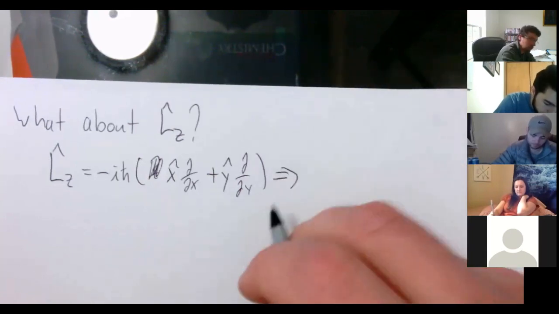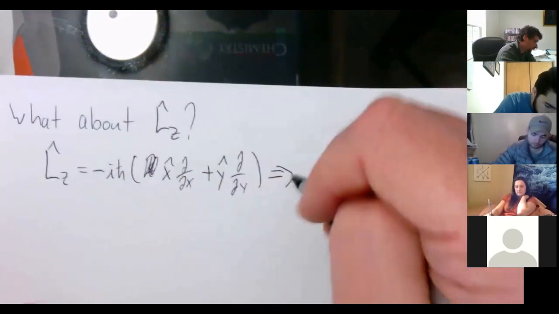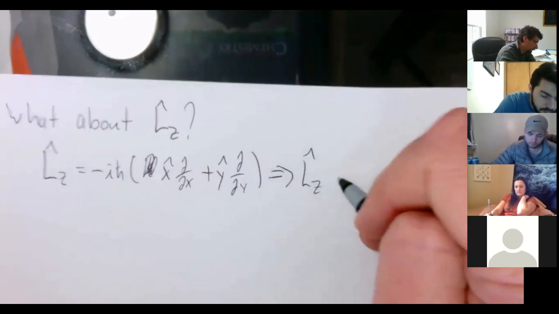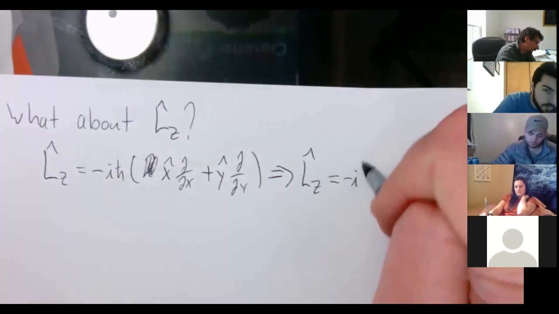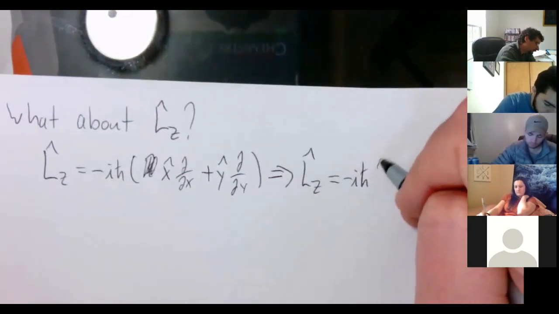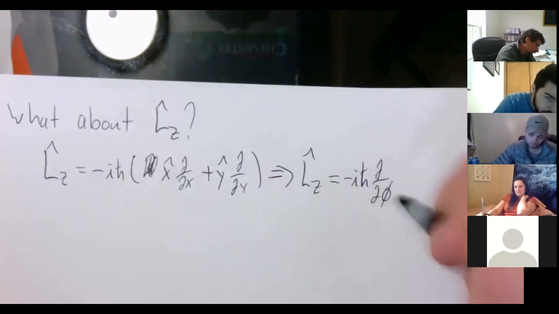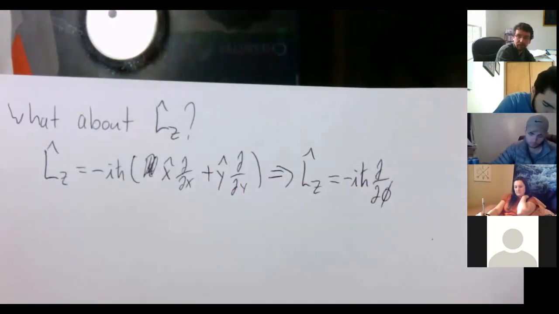If we change this to polar coordinates, this becomes LZ hat equal to negative i h bar d/d phi. So that becomes simplified too.